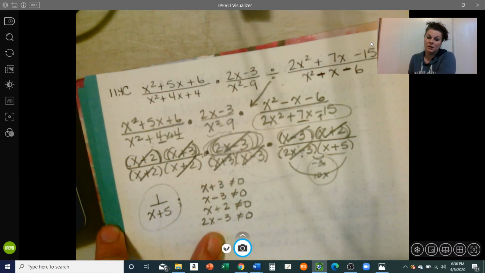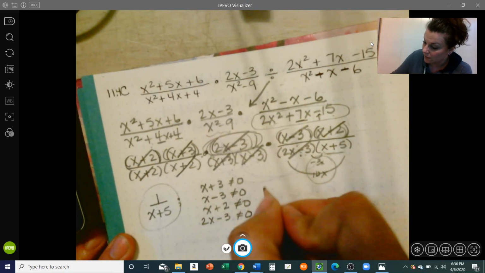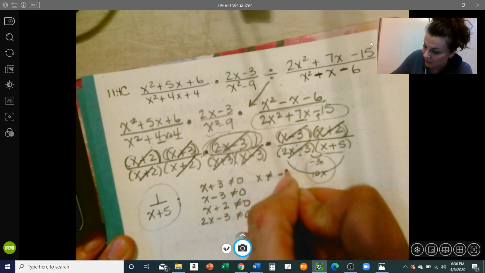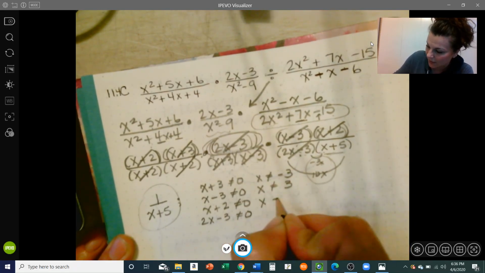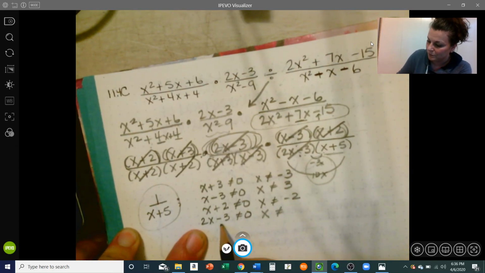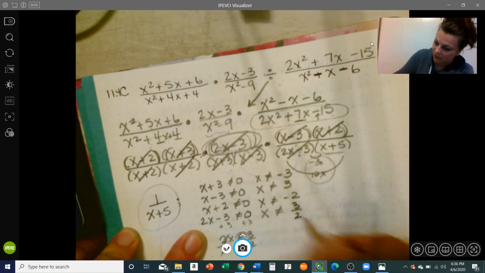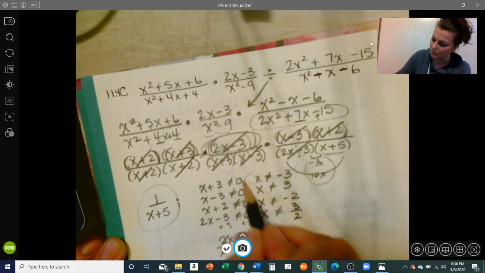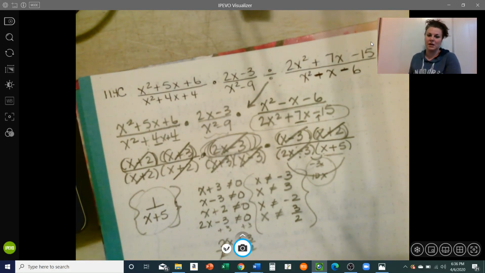But we need to include all these values that we canceled. So that means that x cannot be negative 3, x cannot be 3, x cannot be negative 2, and x cannot be, if we add 3 to both sides, 2x cannot equal 3, divide both sides by 2, x cannot equal 2/3. So these are my excluded values, and this is my answer.